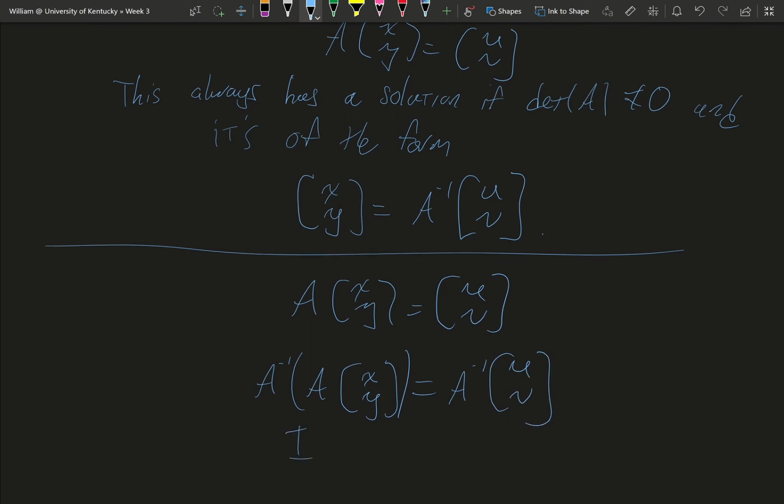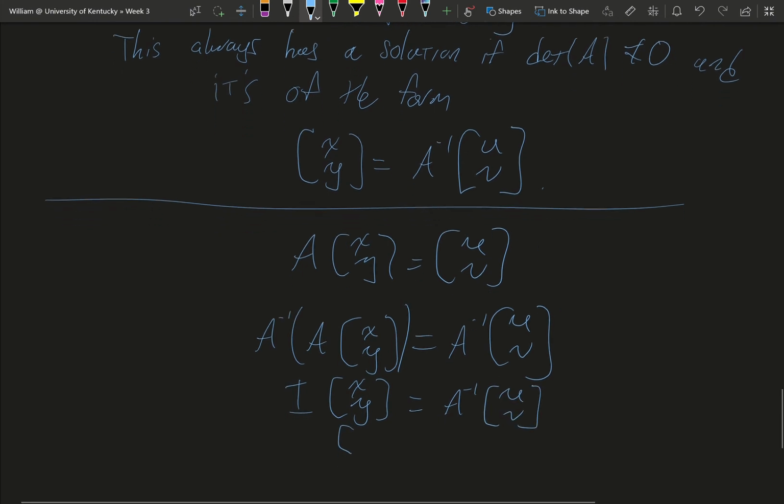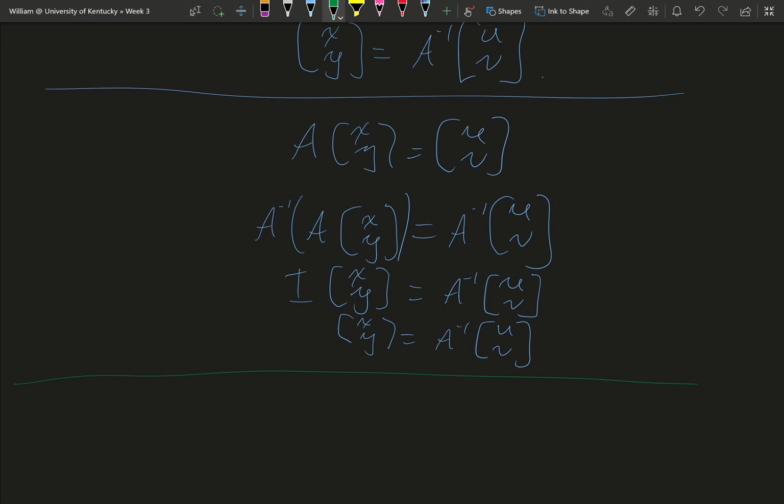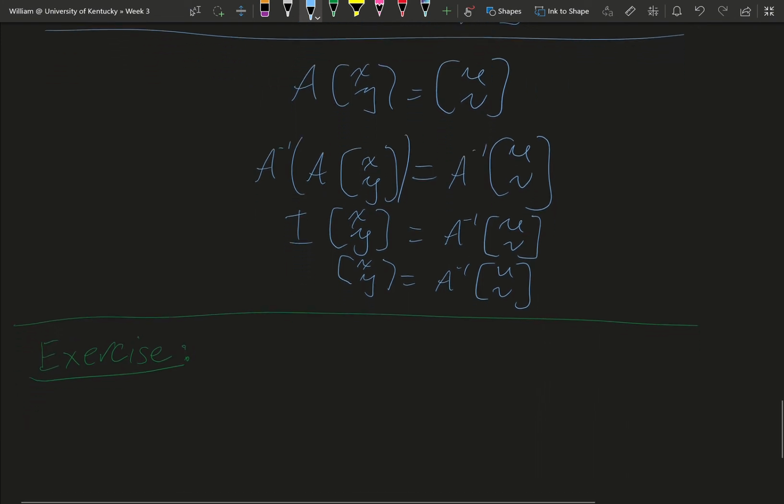We know this gives us the identity, but the identity times anything is just that thing. So we just have x y equals A inverse u v.